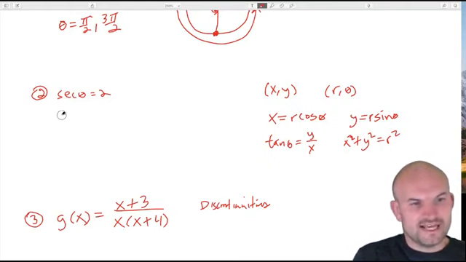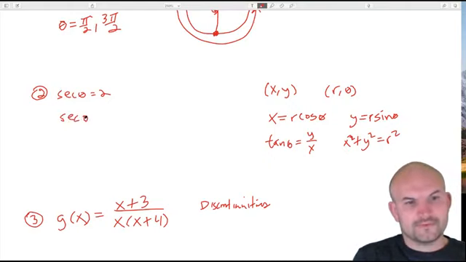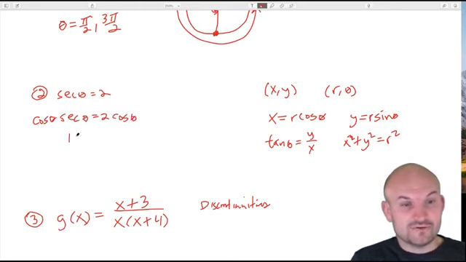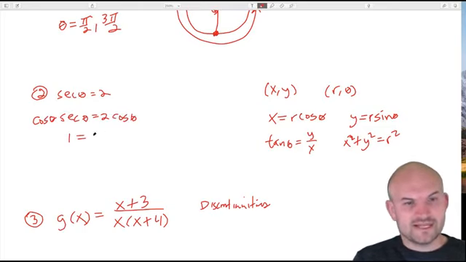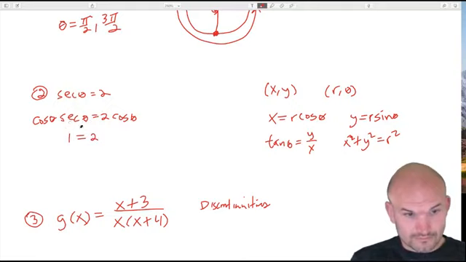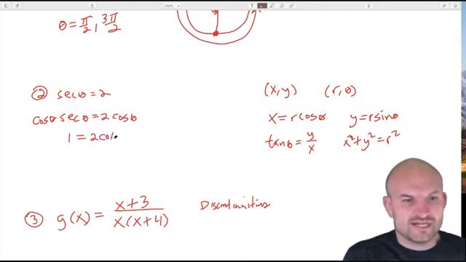So I'll have secant of theta equals 2. I'll multiply by the cosine of theta times the cosine of theta. Cosine of theta times secant of theta equals 1, times, then I have 2 times the cosine of theta.